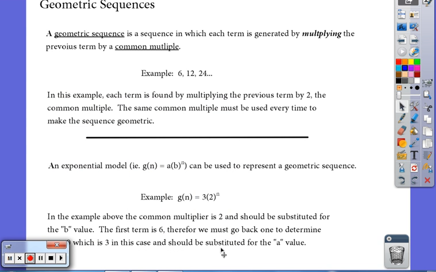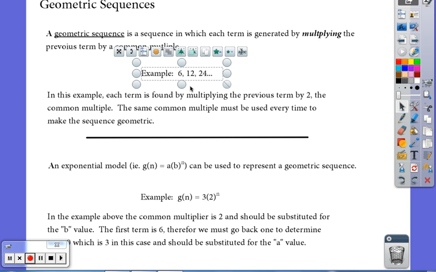Next, we have geometric sequences. A geometric sequence is a sequence in which each term is generated by multiplying the previous term by a common multiple, sometimes called a multiplier. In our example here, we have 6 for our first term, and then we have 12, and then we have 24.